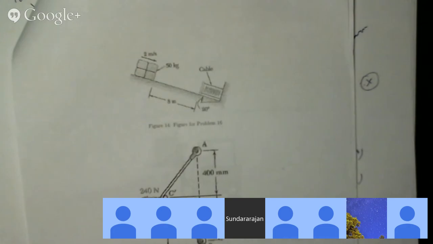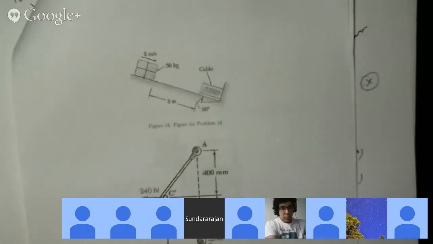Well, I found the weight of the 50 kilogram box, and then I got the force that's going down the 20-degree ramp, which is mg sine 20. All right. And I set that equal to the spring force.